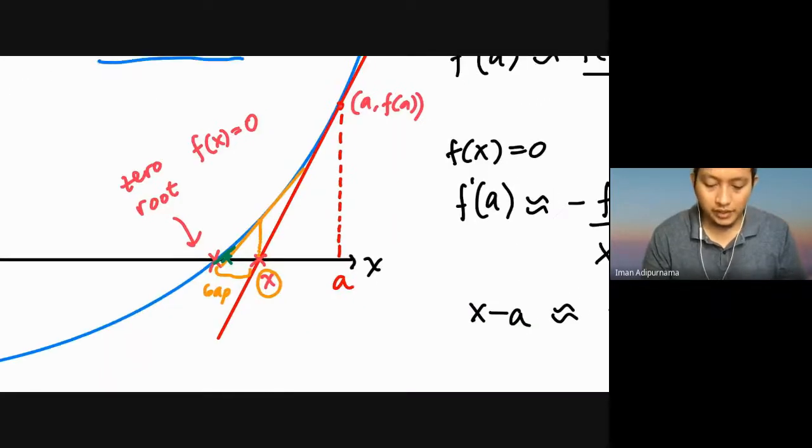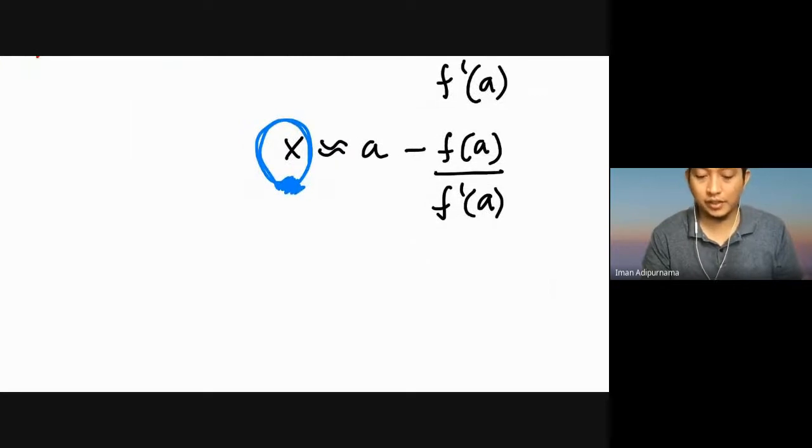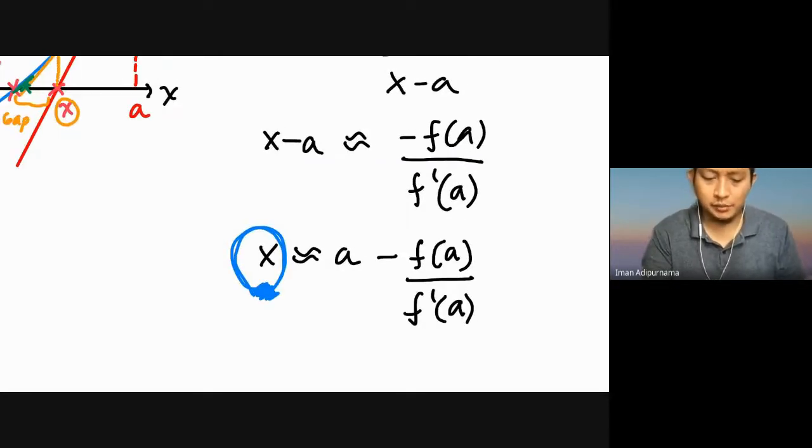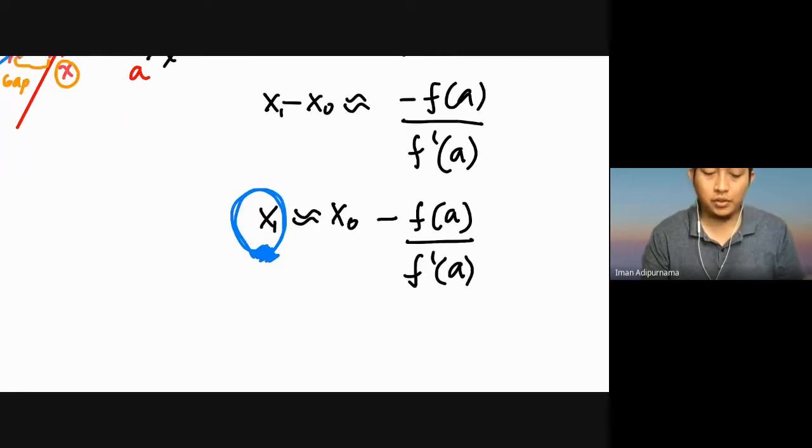And how do we find another x from here? So we have x. Usually in Newton's method, we are not using a, but we are using x0. This will be x1. And then if you want to look for another x, x2, you just change this to x1.